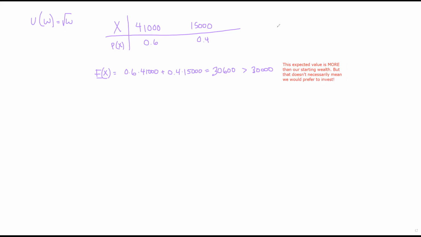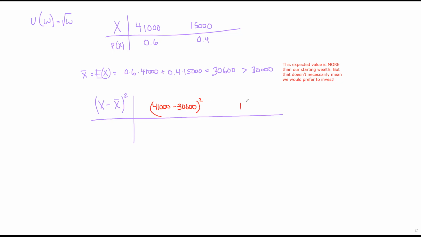But let's move on to calculating a standard deviation. To calculate a standard deviation, you're going to subtract the mean, the expected value, from each of those X values and then square it. So watch carefully as I do this. I'm going to take the 41,000, subtract the 30,600, and then square this number.